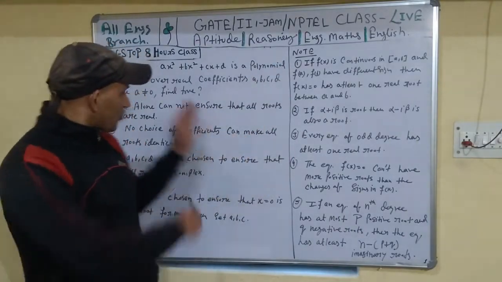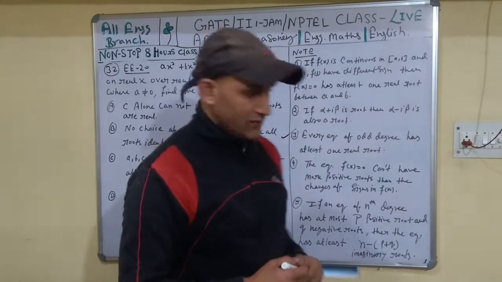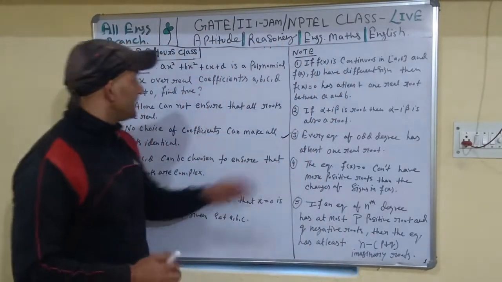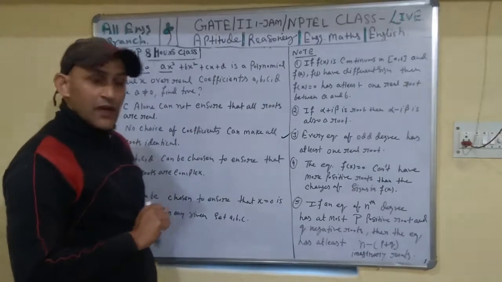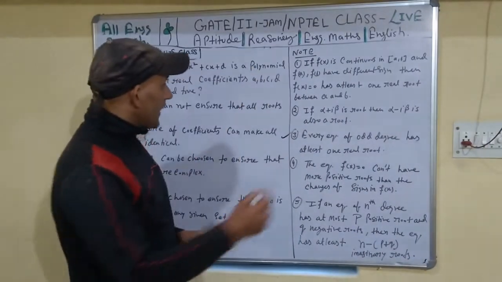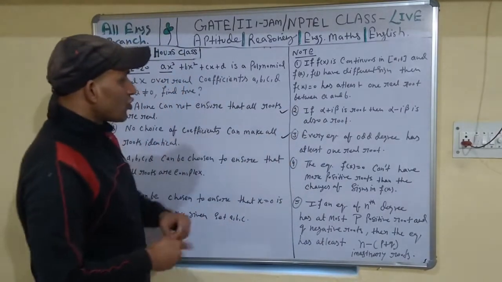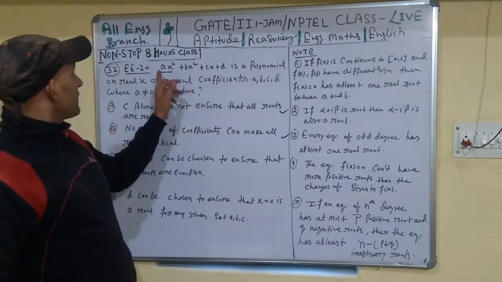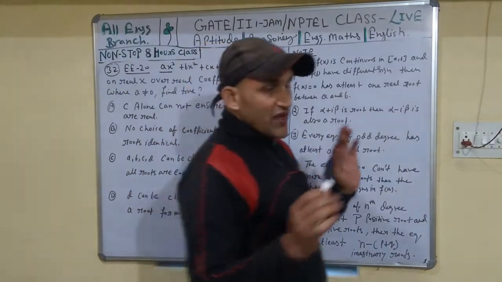In this question, this is sufficient to give the answer. Why? Because this polynomial has odd degree, and this is important. Only these two notes are important to solve this question. ax cube plus bx square plus cx plus d, so a is not equal to 0.